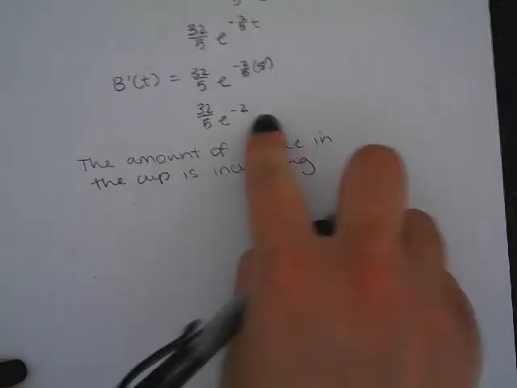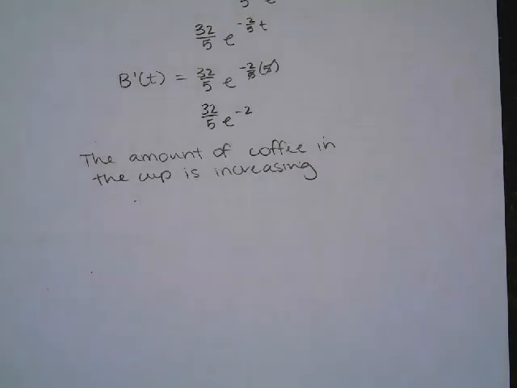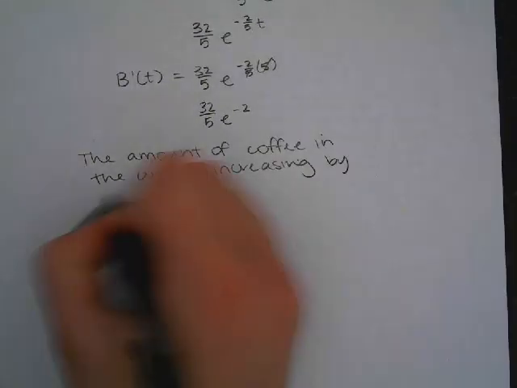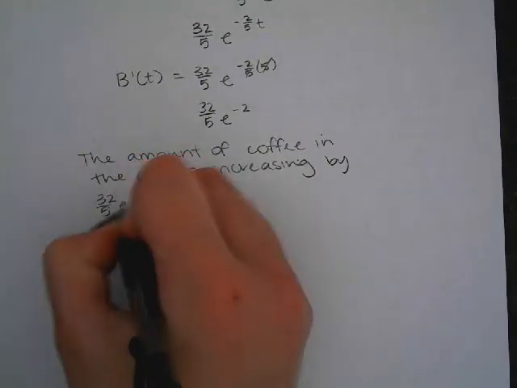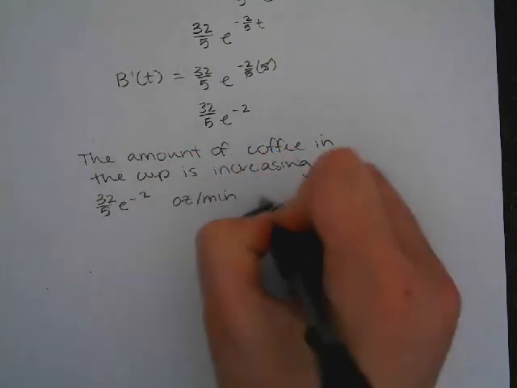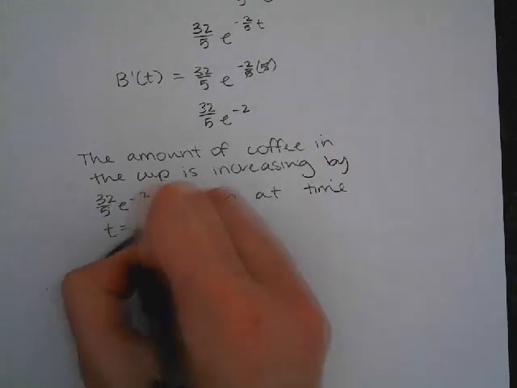Even though you have a negative exponent in there, it doesn't make the overall number negative. It's still positive, so that means that the amount of coffee is increasing by 32/5 e to the negative 2 ounces per minute at time t equals 5 minutes.